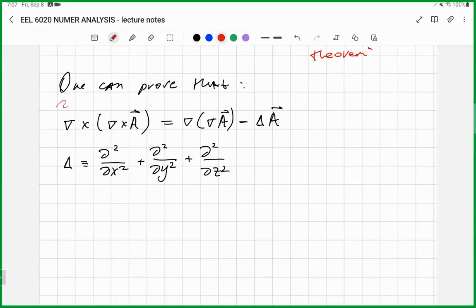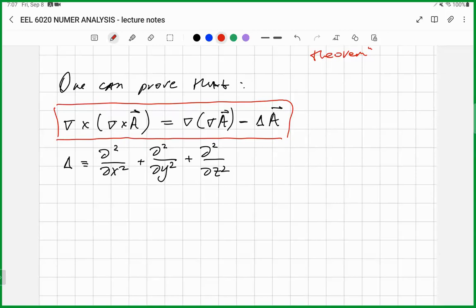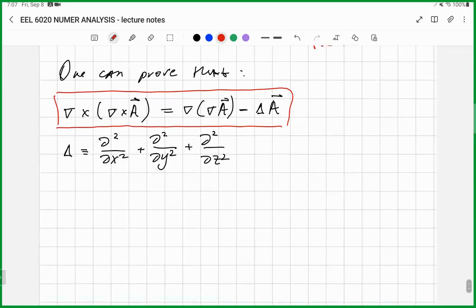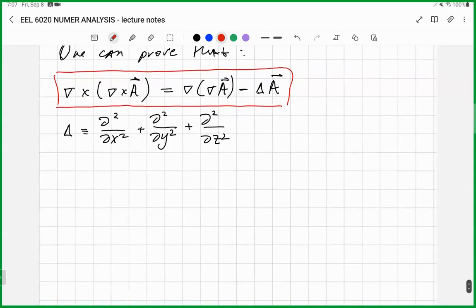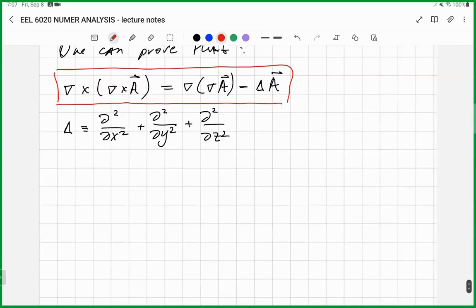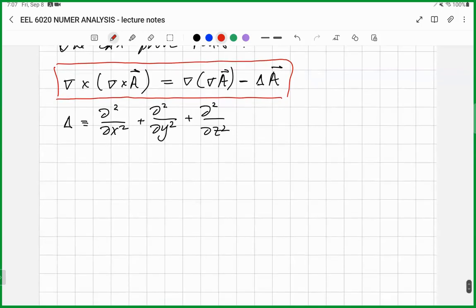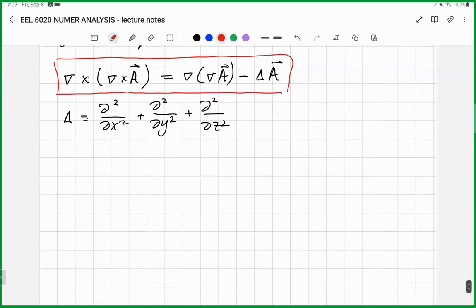So this is the last formula from the vector operators. In fact, this is another example of second order operator, curl of curl, and it concludes all possible combinations for the second order vector operation.